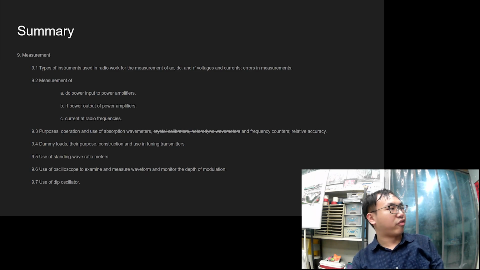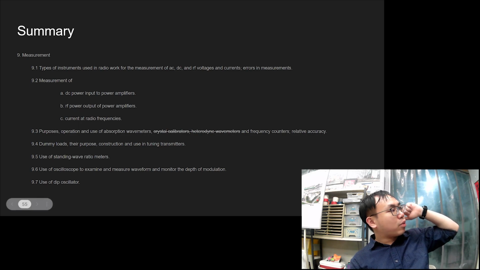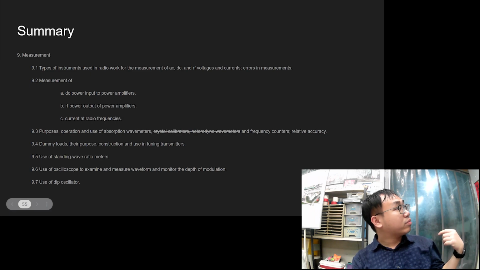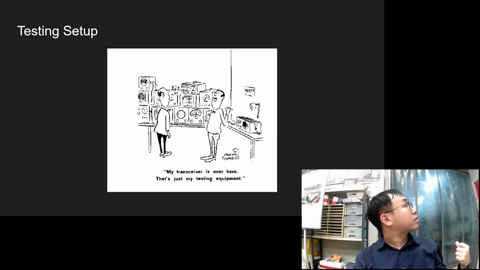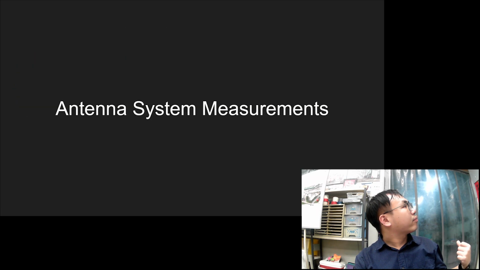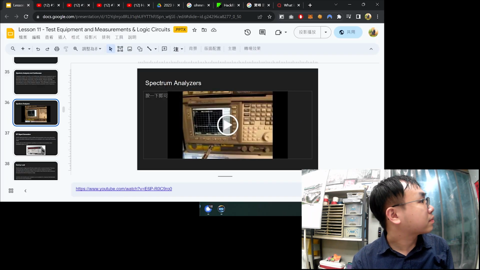FM modulation I didn't go through, but I should go through it in my last lesson. The dip oscillator I have also helped you with, and there is even more: the frequency counter, and this one, the spectrum analyzer.